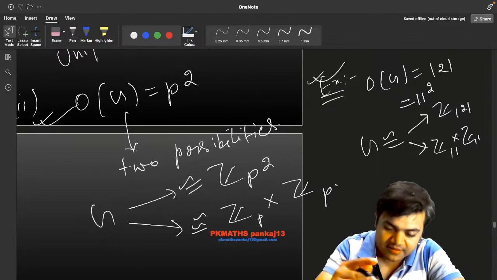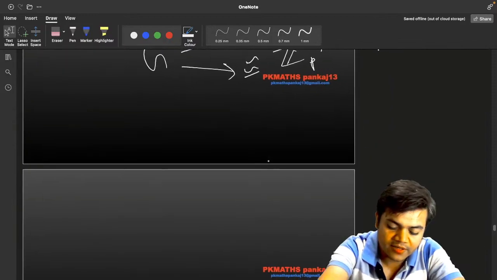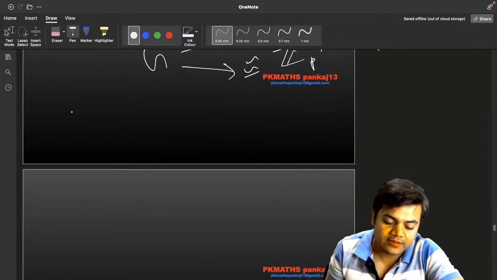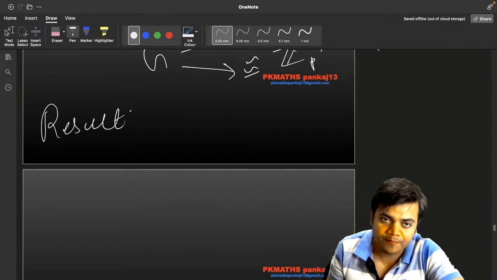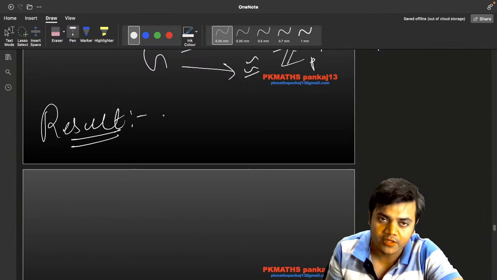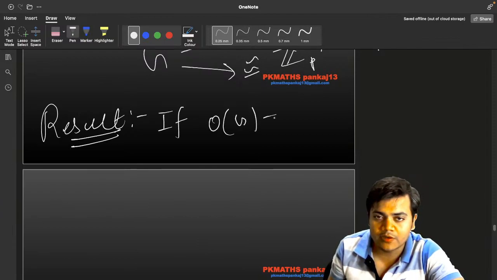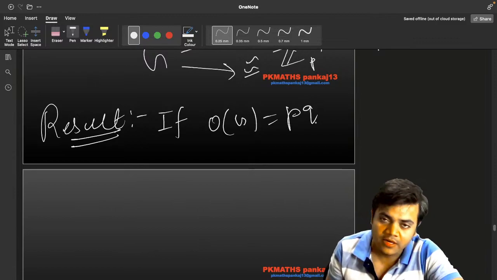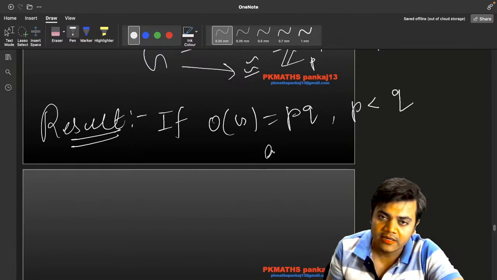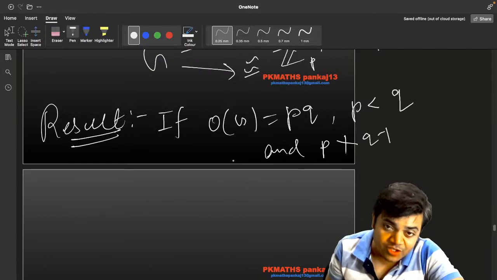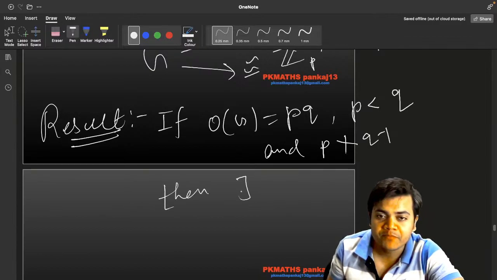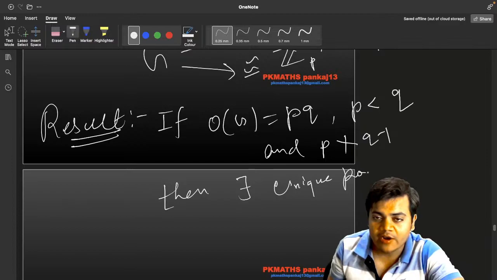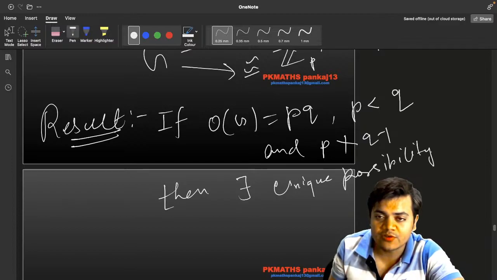Now I would like to discuss another very good result. The third result says, and certainly you will see some previous year questions on it: if the order of G is equal to a product of primes, I mean to say it is P into Q, where P is strictly less than Q and P does not divide Q minus 1, then there exists a unique possibility.